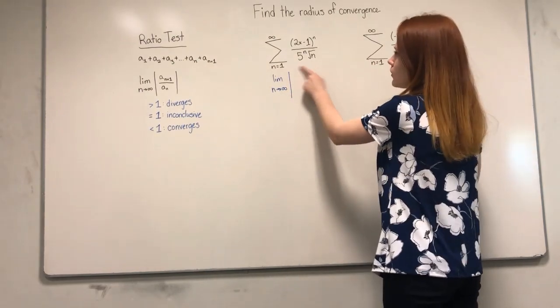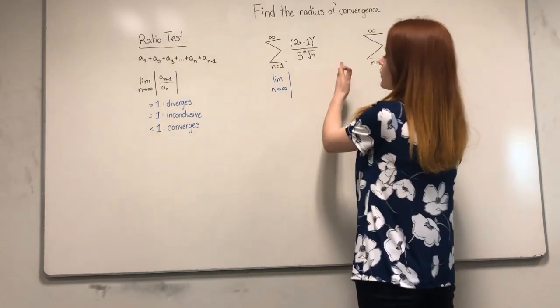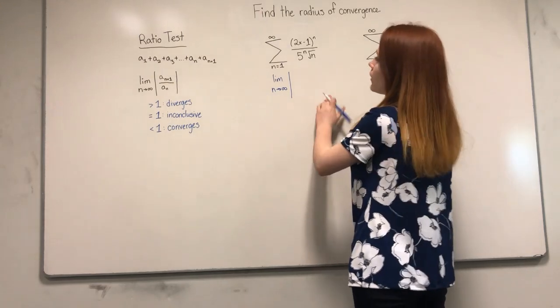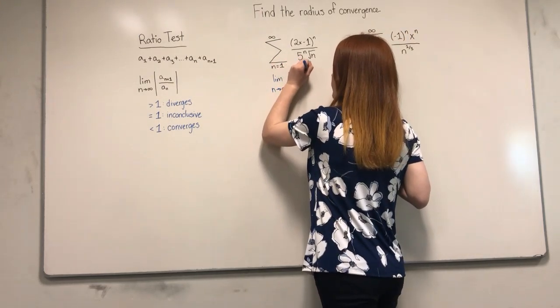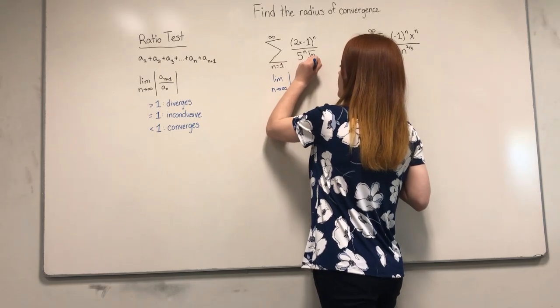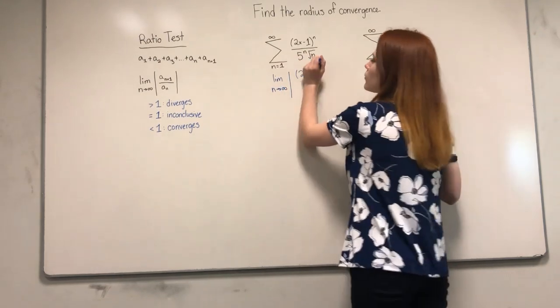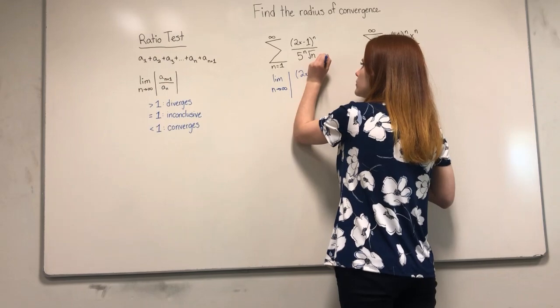So if this is here, we need to make sure that we find the next step, which is where n is plus 1. So just substitute where you find n, substitute it for n plus 1.